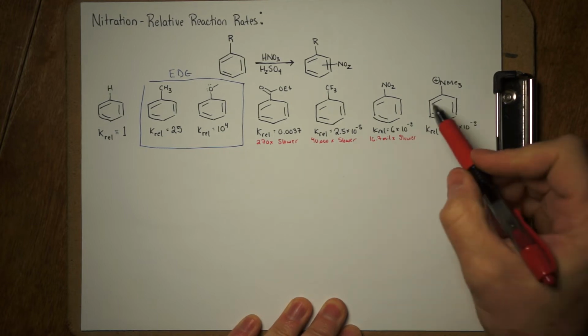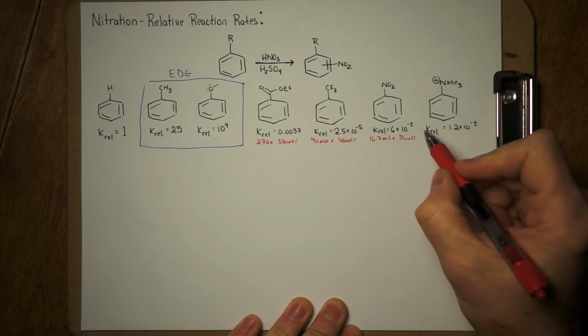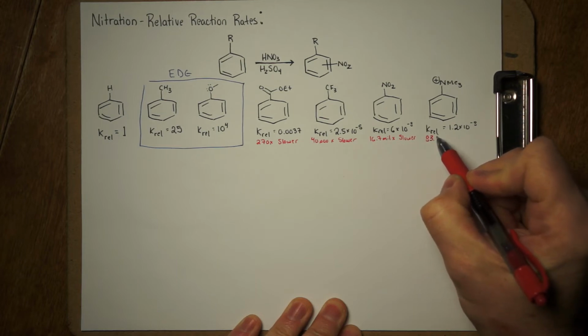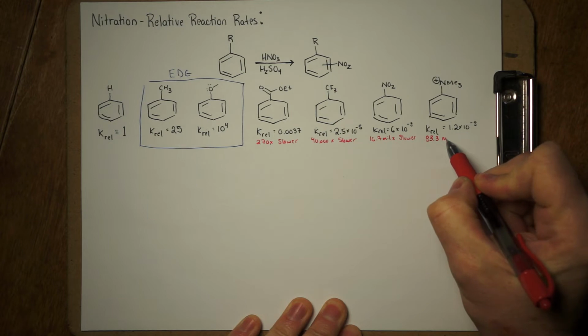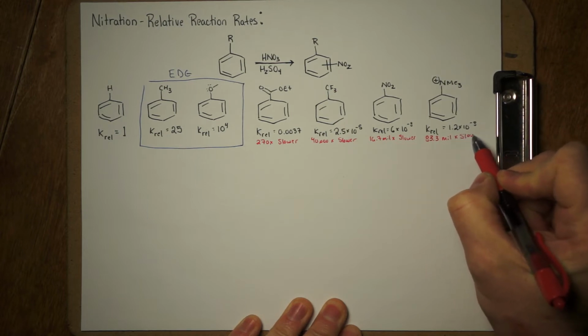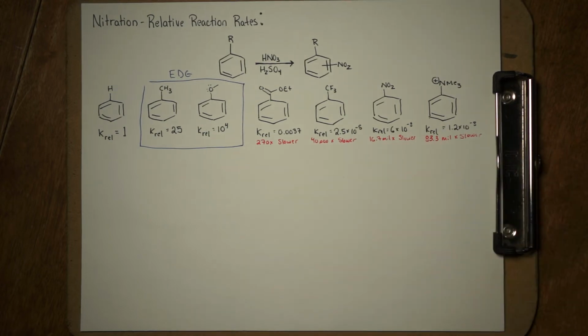Right, and what that works out to is about 83.3 million times slower than benzene. Right, so these really strong electron withdrawing groups are going to significantly slow down those electrophilic aromatic substitution reactions.